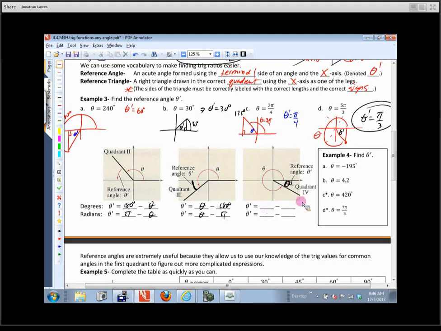Let's say this was 340 degrees. How big is the reference angle? It would be 20 degrees, right? That's what's left over. How could you take the whole circle and figure out that you've only got 20 degrees left? Okay, so we're going to do 360 minus the angle, or 2 pi minus the angle.